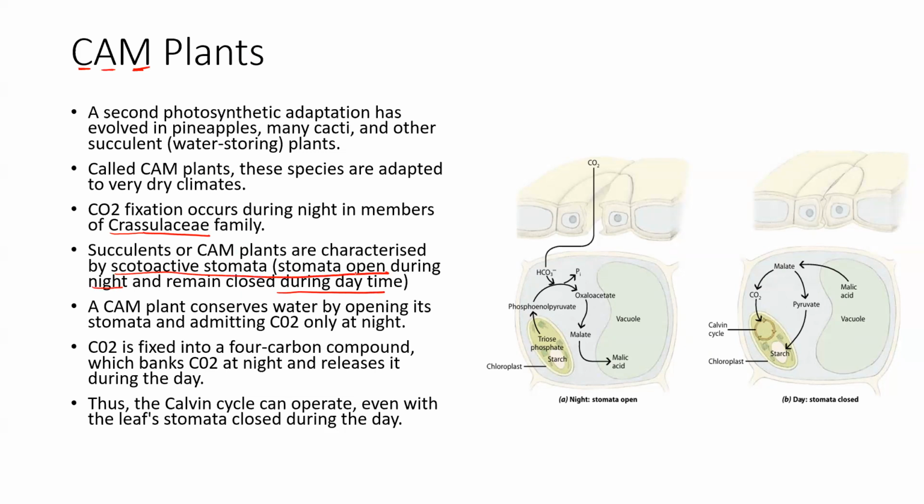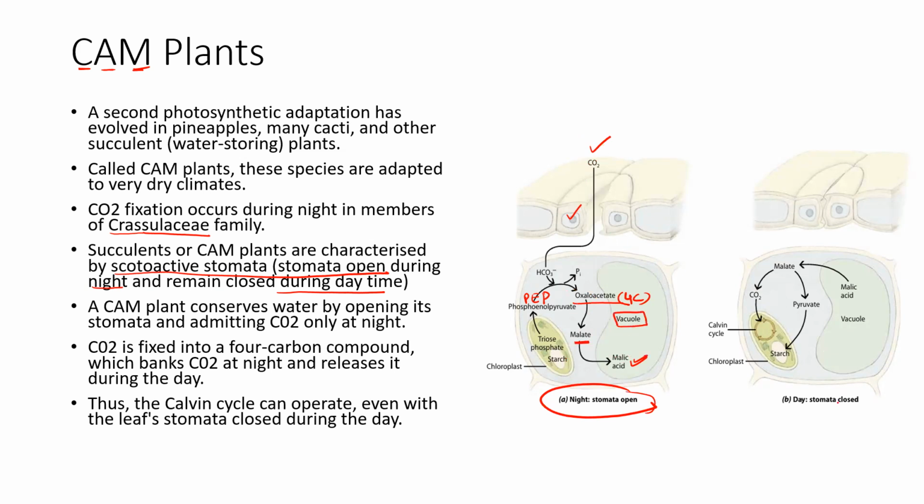So how do they survive? See the diagram. In the night time, the stomata are open, the carbon dioxide is accepted by phosphoenolpyruvate and becomes oxaloacetic acid, that is a 4-carbon compound, which is changed into malic acid, and malic acid accumulates in the vacuole.